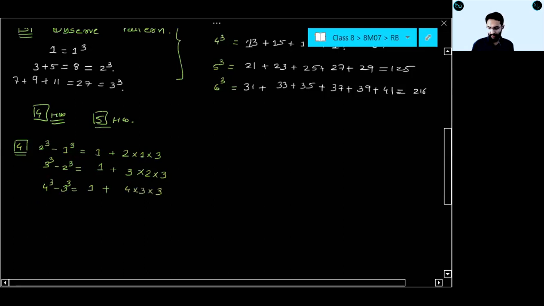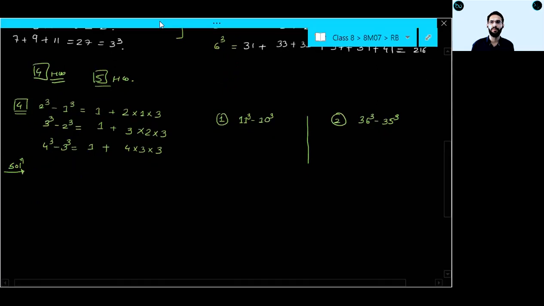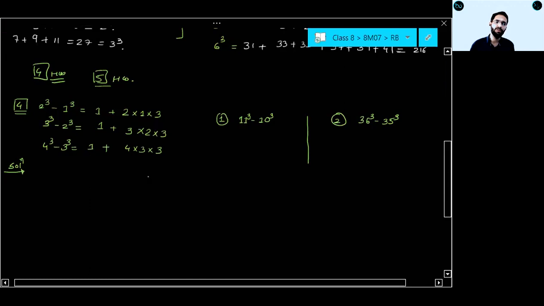What they are asking us is to find the value of the following using the pattern. First, 11 cube minus 10 cube. Second, 36 cube minus 35 cube. Now, if you observe this pattern, two things are common, right?